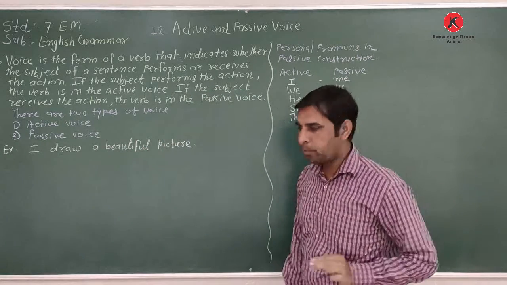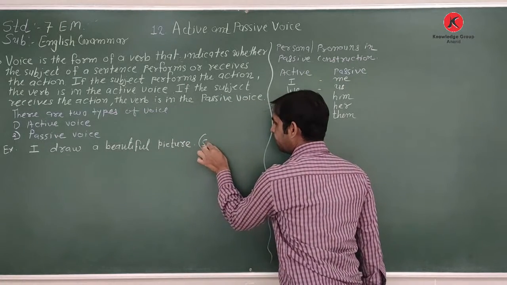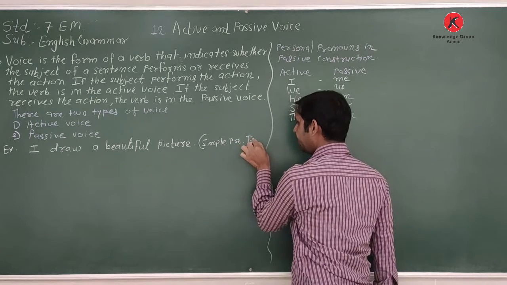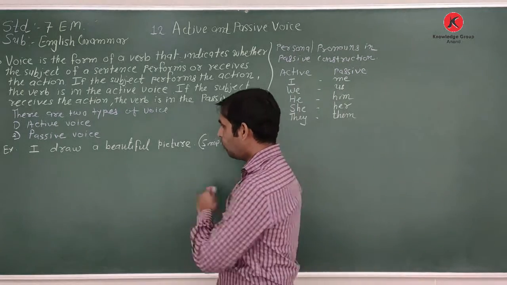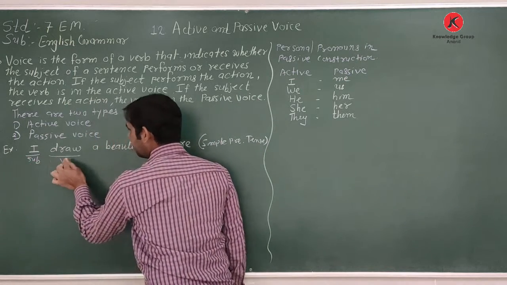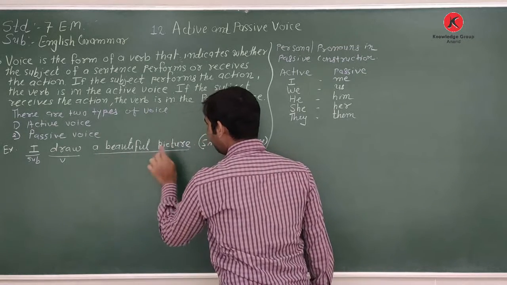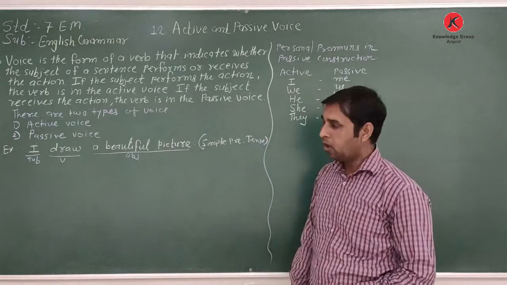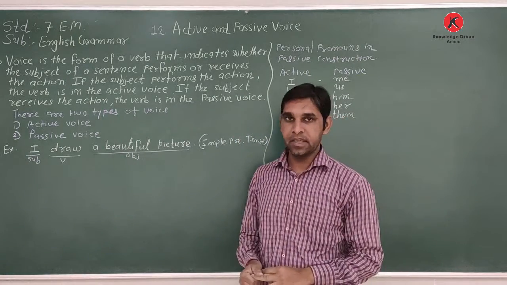In this sentence the main verb is used with I, so the tense is simple present tense. Which tense? Simple present tense. Here, I is called the subject, draw is the verb, and a beautiful picture is called the object. Subject, verb and object are used in simple present tense.